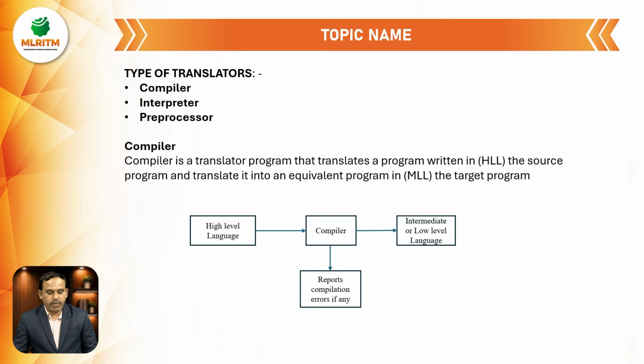High-level languages are human-readable, such as C, C++, Java, whatever language we give. That is the input of the compiler, and it produces intermediate, low-level, machine-level, or assembly-level language, and reports compilation errors, if any.